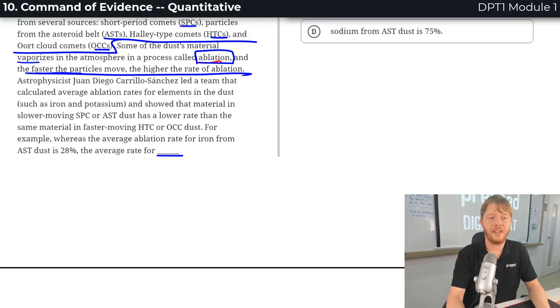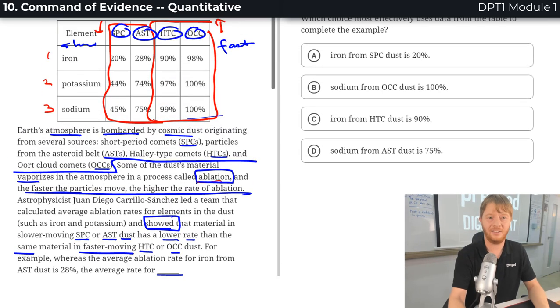So astrophysicist Juan Diego Carrillo Sanchez led a team that calculated the average rates for elements in the dust and showed, okay, what did he show? Material in SPC or AST dust has a lower rate than the same material in faster moving dust.